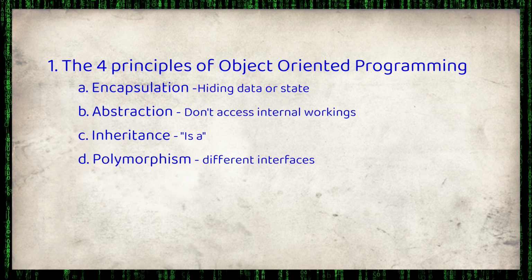Now abstraction also ties in with something called the law of Demeter, and what that basically says is, if you have an object, let's say for instance you have a car, some vehicle, and in your vehicle there's an engine, and you want to press the accelerator so that it drives faster. You can't put your foot directly against the engine and turn something on the engine and make it go faster.